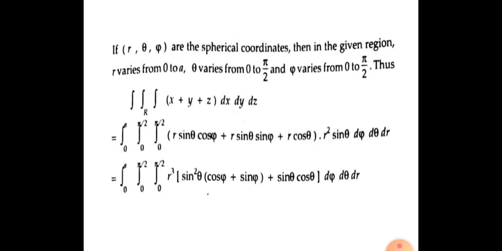Sin theta cos phi into sin theta is sin square theta cos phi, sin theta sin phi into sin theta is sin square theta sin phi, and cos theta into sin theta. Here sin square theta cos phi plus sin square theta sin phi, sin square theta is a common factor: cos phi plus sin phi plus sin theta cos theta, d phi dr d theta.